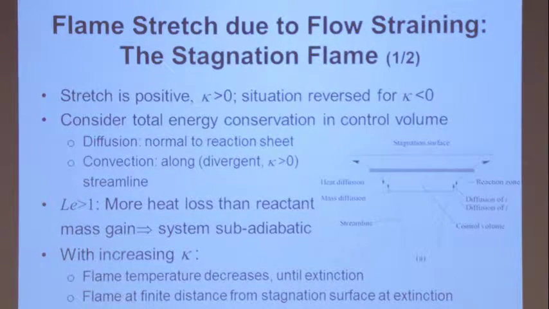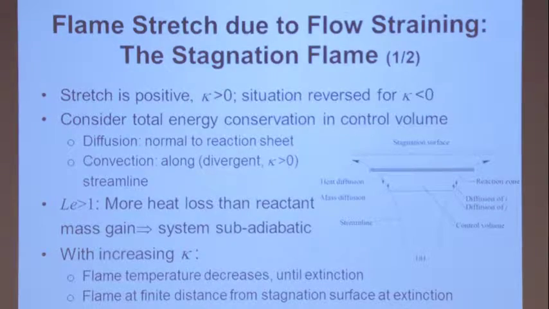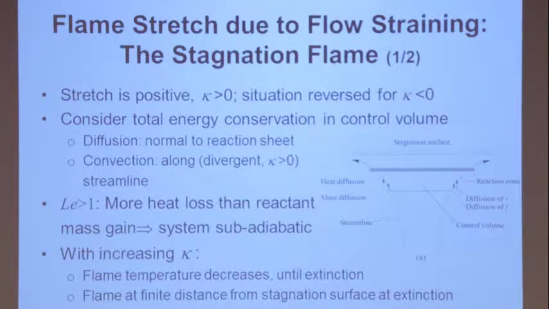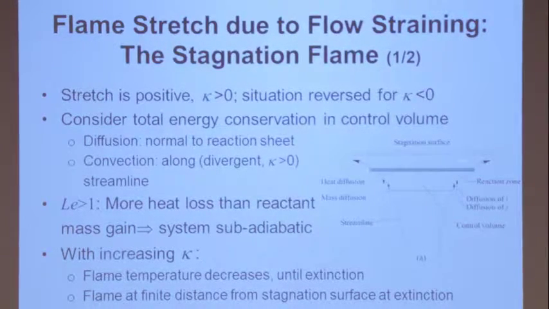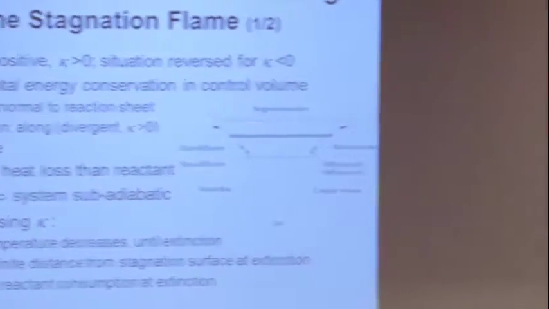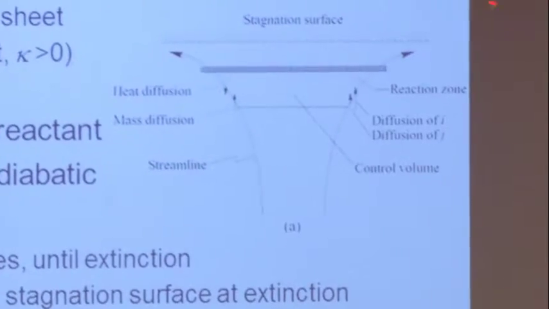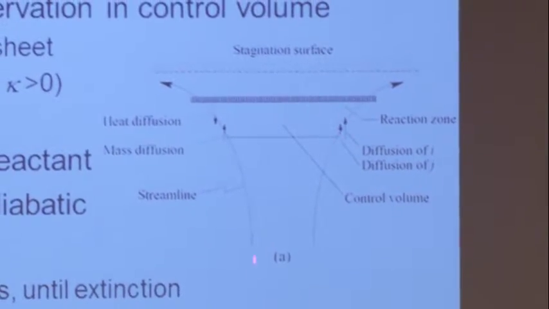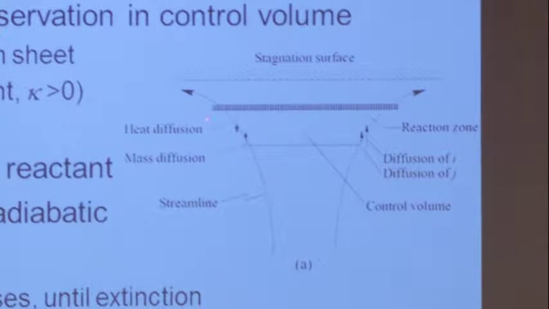All right. So let me give you some physical concepts of what stretch can do to your flame. Let's look into the stagnation surface. This is important. The flow is this way, divergent. And this is the reaction zone, and this is the diffusion zone. Control volume. Now, the flow is this way.